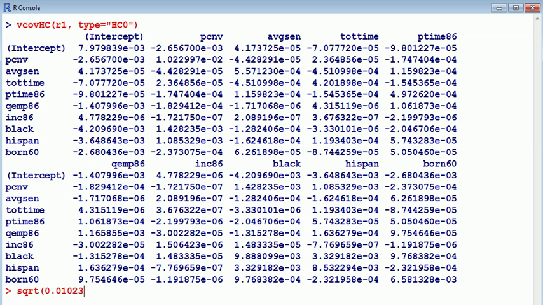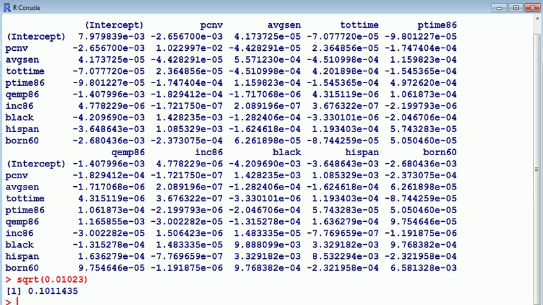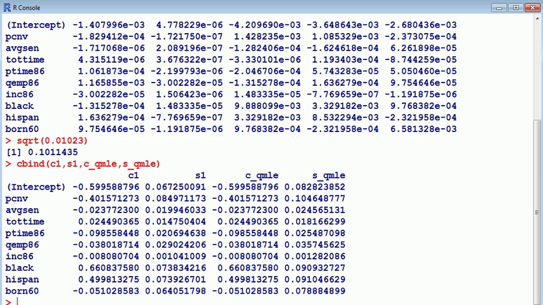We get a value of 0.1. All right. So if we look back, just trace through my commands, look back for the coefficient of PCNV. Oh, not 0.1.